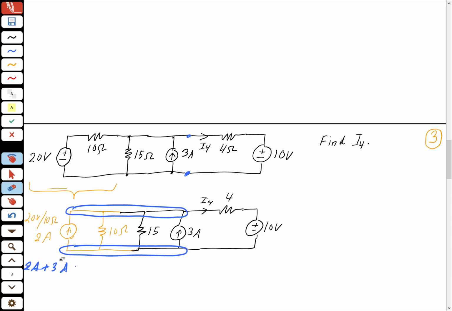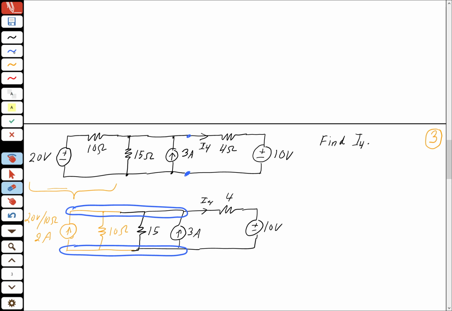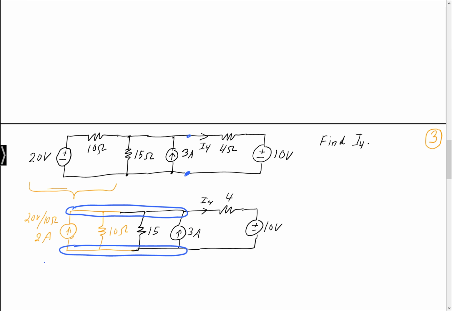Let me clean this up a little bit. So we have 2 amps plus 3 amps, and that equals 5 amps, pointing up. And then we have 10 parallel with 15, which is equal to 6 ohms.